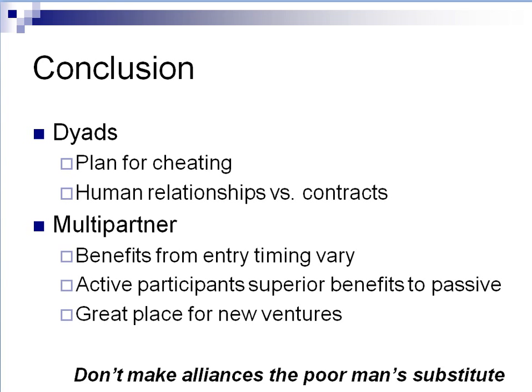Contracts are costly, contracts are impersonal, contracts don't work very well because, among other things, you need to rely on attorneys and courts for enforcement, and those are very, very expensive. With multi-partner alliances, the benefits from entry vary over time. Those who are actively engaged benefit more than those who are on the fringes.